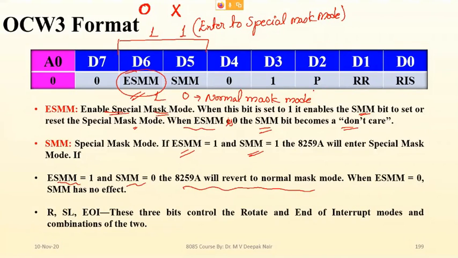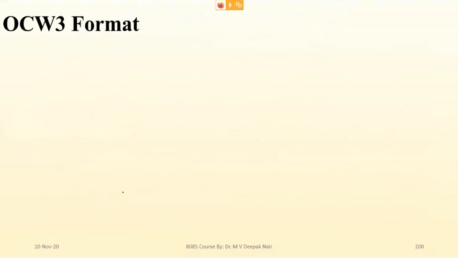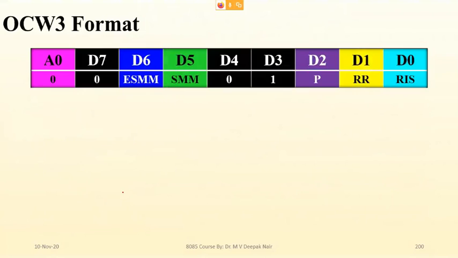The rest of the 3 bits, P, RR and RIS, are used to control polling, rotation, specific level, and end of interrupt. Leave it, these things are not important. We are getting too deep.